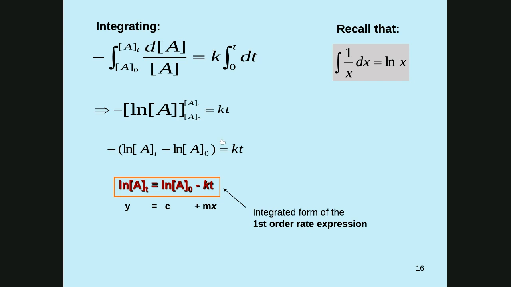If you reorganize that term, you put a minus in front of both sides, so minus kt on the right, and then you transpose the ln A0, put it there with a plus. You have the solution in this very convenient form, which we call the integrated form of the rate expression.